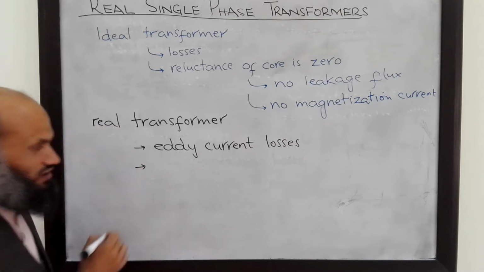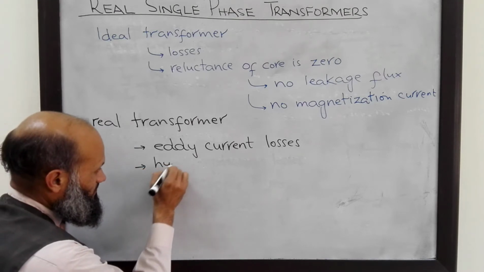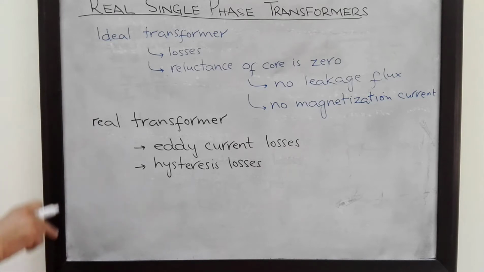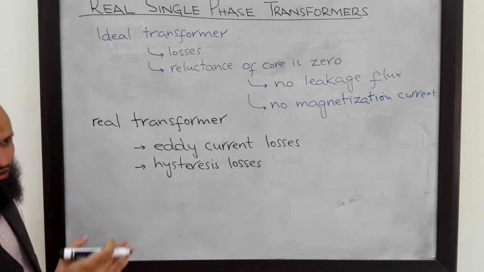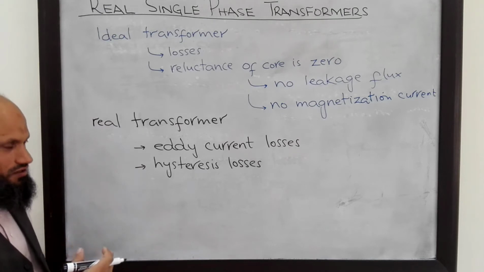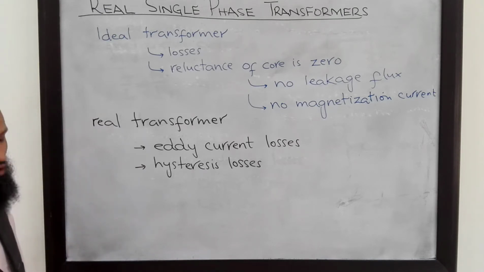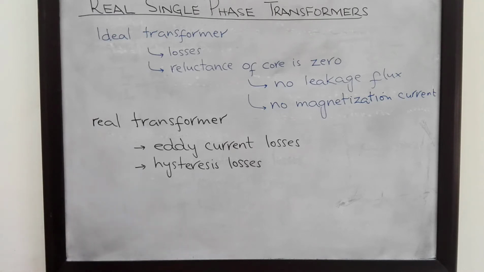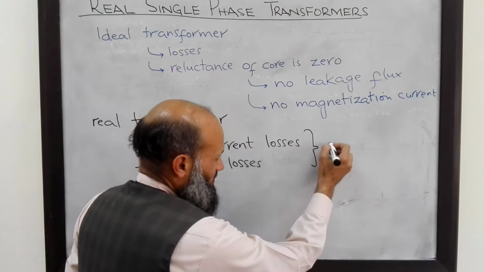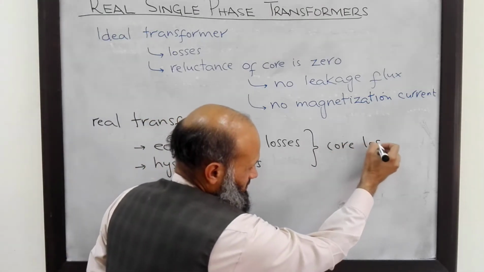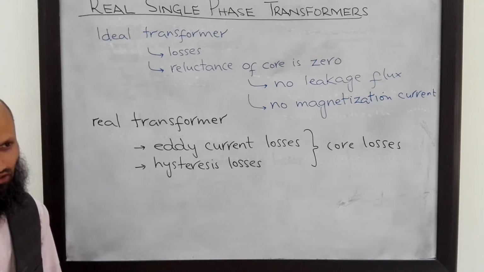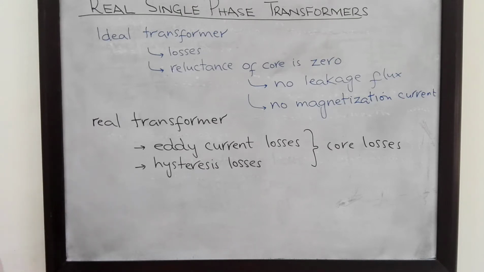In addition to that, there are hysteresis losses. Hysteresis losses are proportional to the area of the hysteresis loop, due to the orientation and deorientation of the domains in the core of ferromagnetic material. That is the reason for these hysteresis losses. These two losses together are called core losses. In addition to that, the current flowing in the primary and secondary windings also results in I squared R losses.